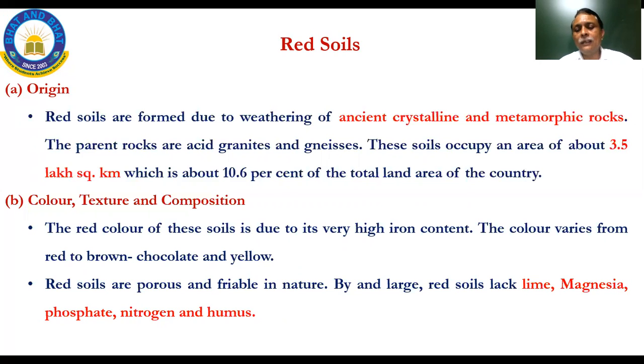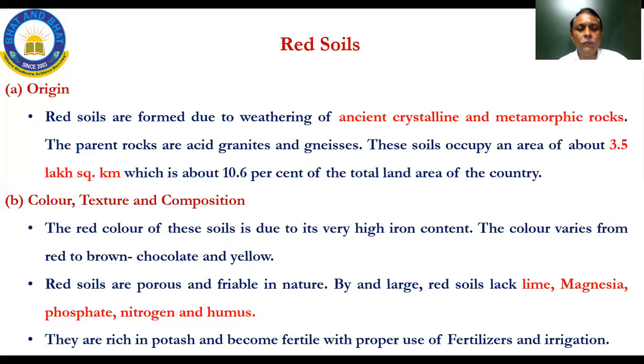By and large, red soils lack lime, magnesia, phosphate, nitrogen, and humus. NPK, the most common fertilizer that is commonly used, is a mixture of N, P and K, where phosphate and nitrogen are added to the soil. They are rich in potash and become fertile with proper use of fertilizers and irrigation.